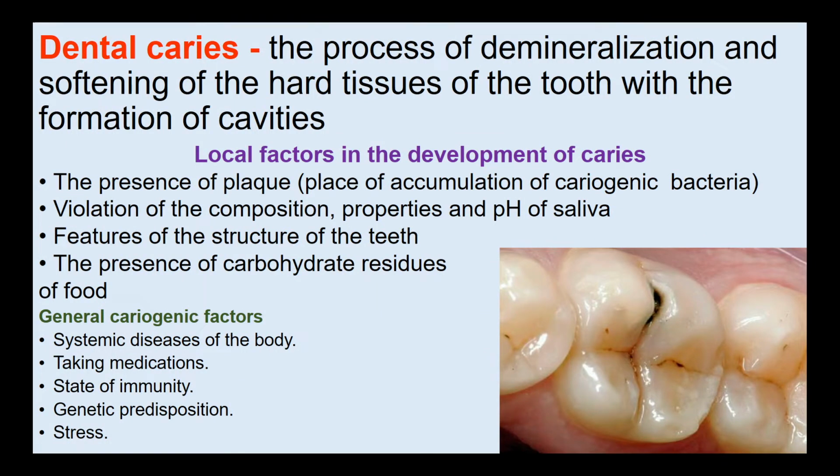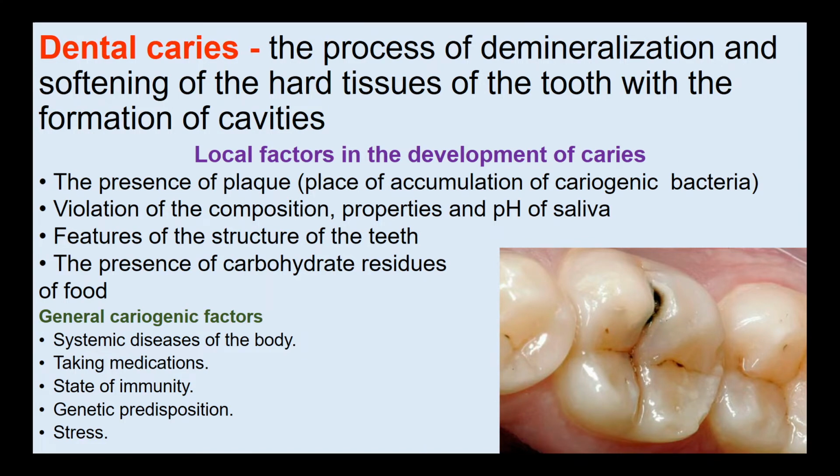And bacteria can initiate this process, can decrease pH in the oral cavity and as a result initiate the process of caries. Then let's discuss what caries is and what role bacteria play in this process.